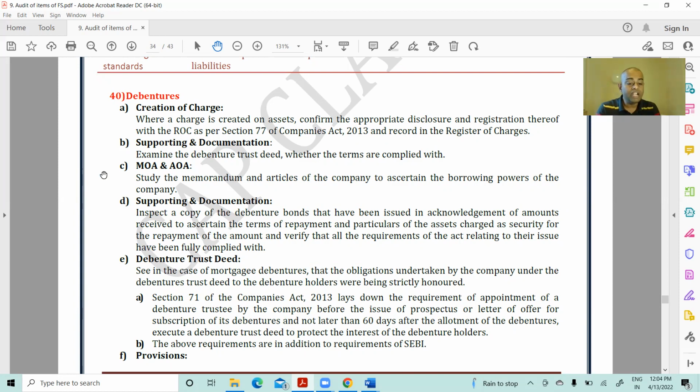One new point came, debenture trust deed. Obviously, if you are issuing debentures, there should be a debenture trust deed. So you will be easily able to cope with these points. You don't need to struggle now, because you understood the overall responsibility of the auditor, it will be a cakewalk for you to understand these things.